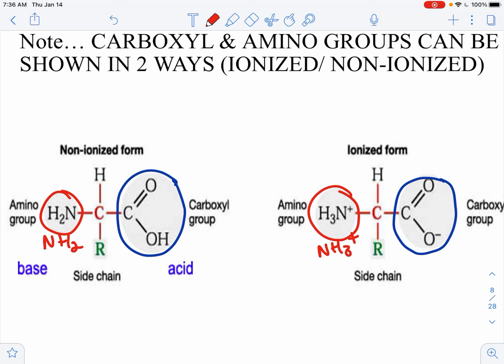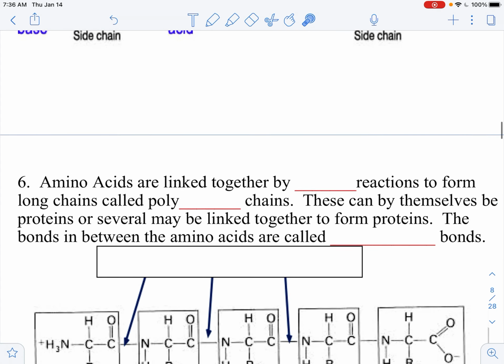It can pick up a hydrogen and a positive charge. Don't worry about why, but just be able to recognize, when you see a molecule, if you see NH anything, it's an amino group. NH3 plus, and again, they just drew it from the other side of the molecule, so it's backwards. But it still has your central carbon, amino group, carboxyl group. It's just that the amino group and the carboxyl group can be drawn different ways.